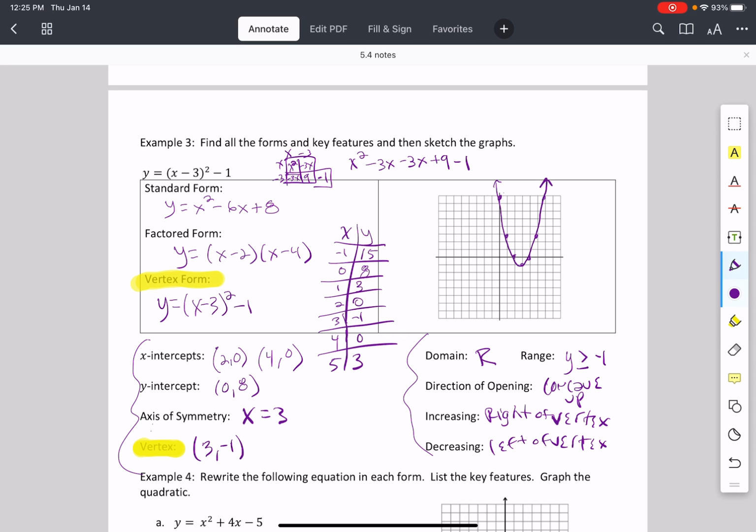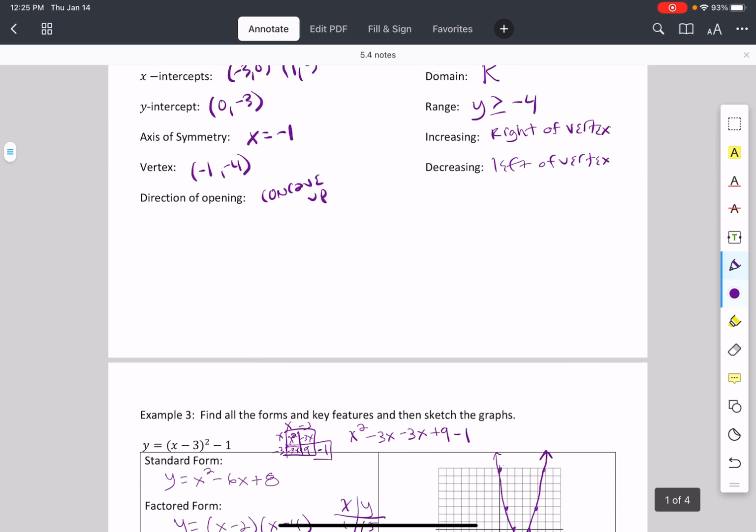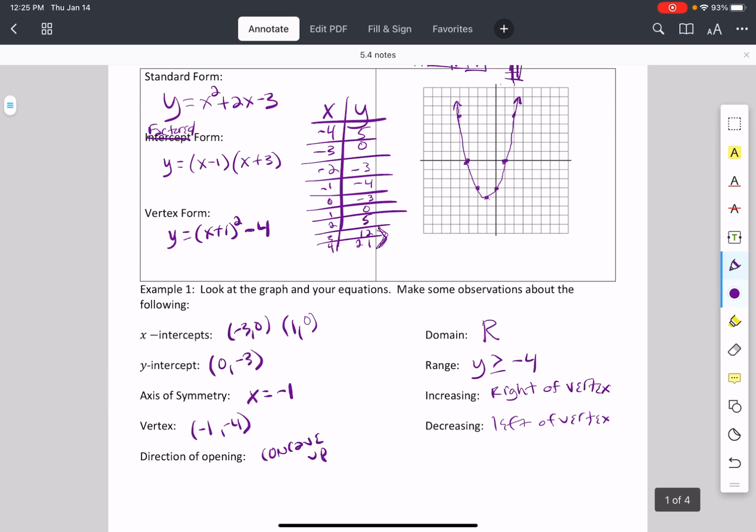So I know that if this was my vertex form, this one was my vertex, right? Now, just to remind you, on the last one, this was my vertex form, and this is my vertex. I want you to look at both. If it helps, open up your papers so you can see both. But I want to know a pattern.